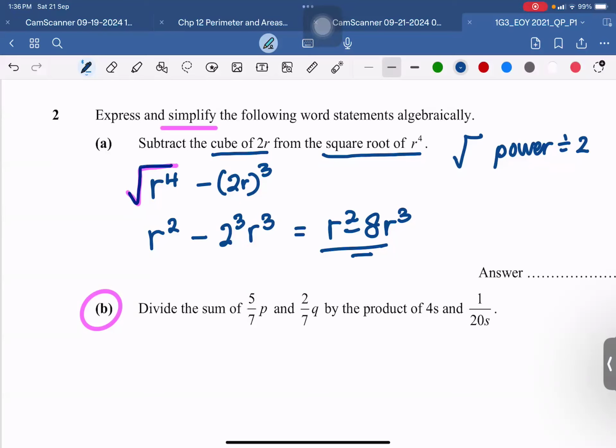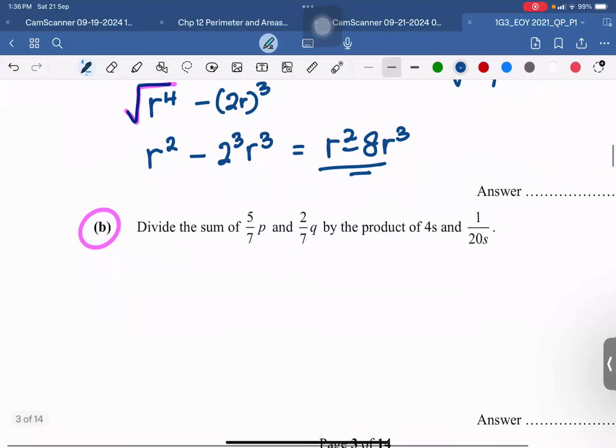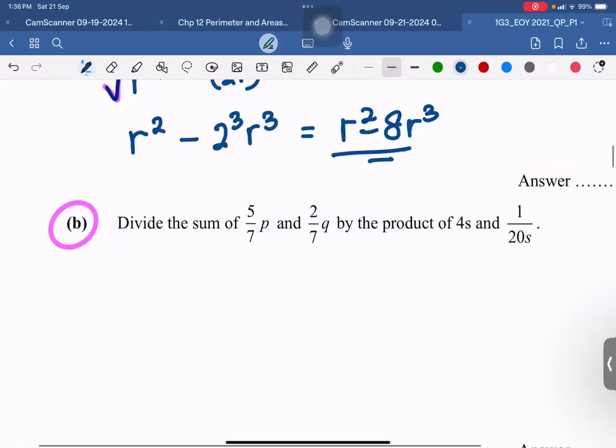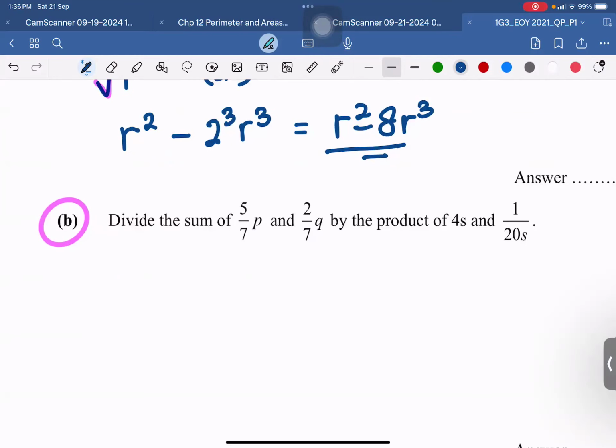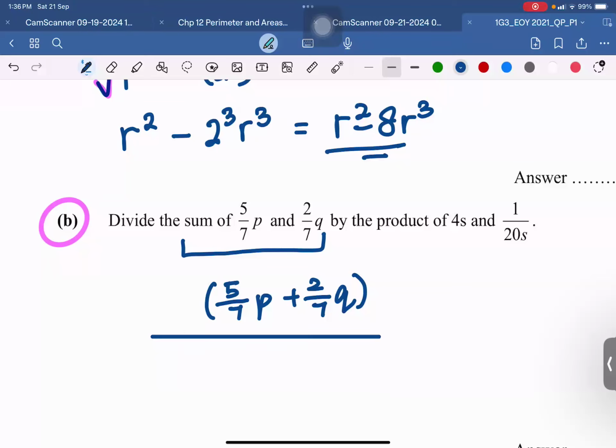Okay, Xingning. Next one, I should do question 2B. Now, question 2B over here says divide the sum of these two, 5 over 7p and 2 over 7q, by the product of 4s and 1 over 20s. So this is what the question wants. It looks so complicated, right?